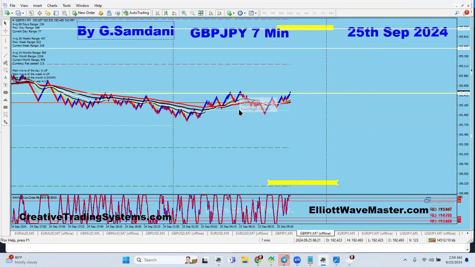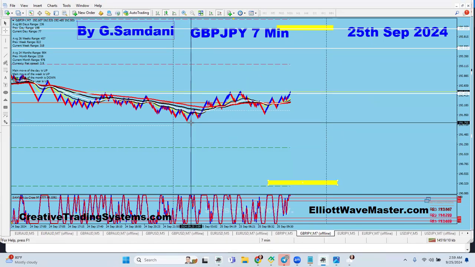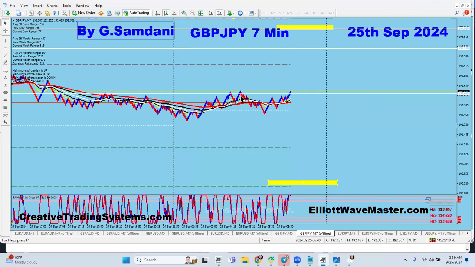Now, the daily range from the high is 200, let's see. From here, the yellow mark I have is like 150. From the bottom, you can see that it is 225 pip, daily range. From the top, the daily range ends here, 230 pip.